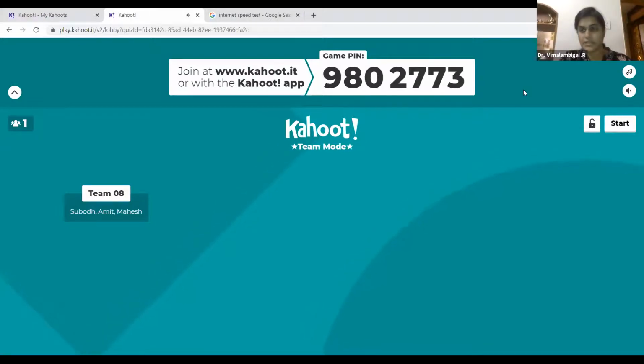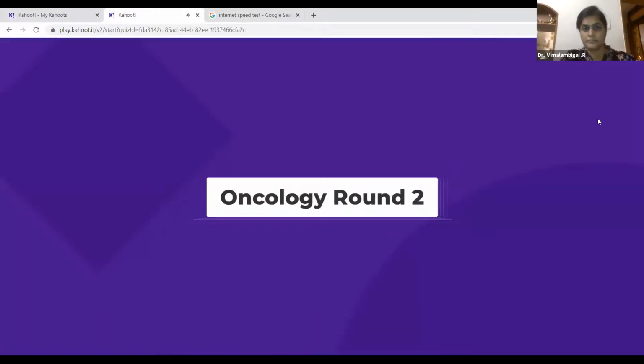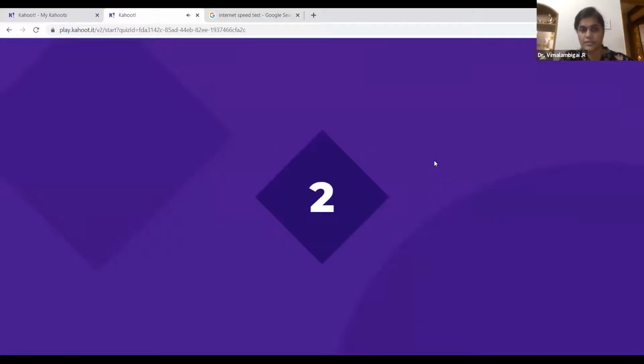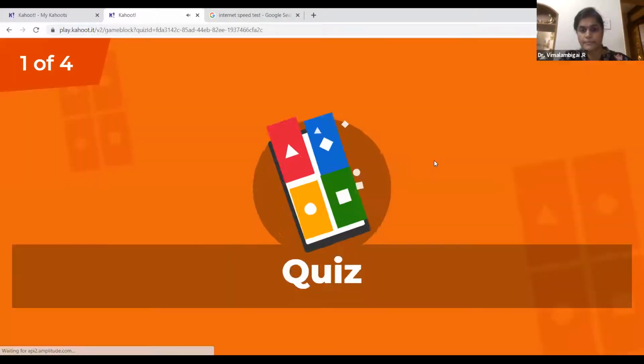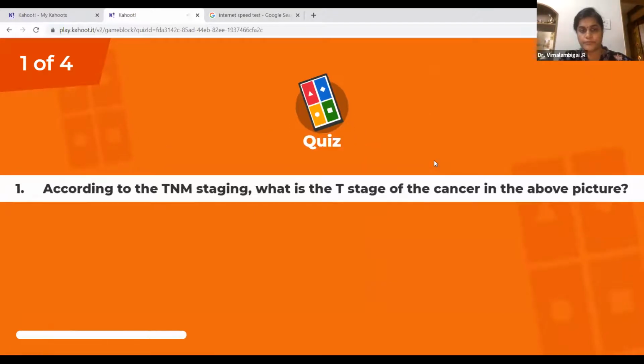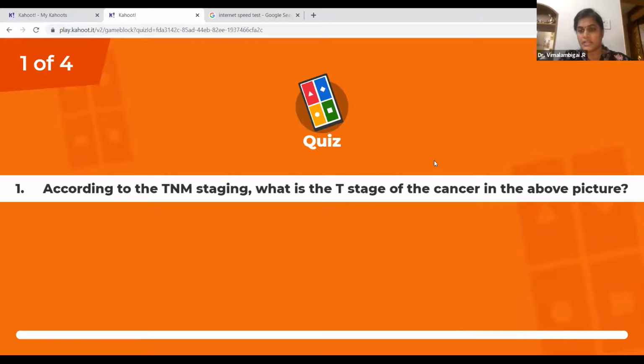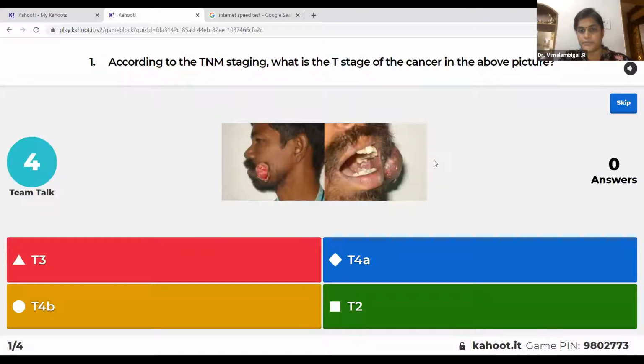Some of the questions are related to cancer. So, oncology round, the first question is, according to the TNM staging, which T stage of the cancer is seen in the above picture?